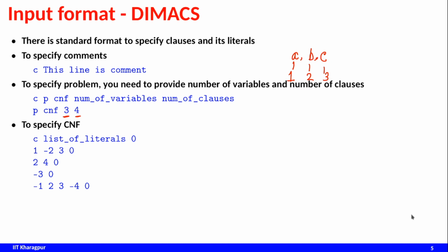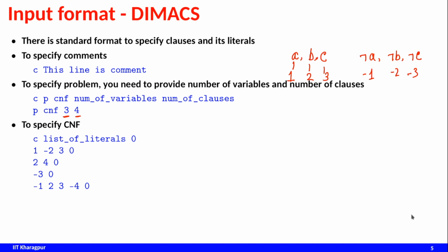Now I have to represent not A, not B, not C as well. If I need to represent the negation of A, I simply specify -1 here. Similarly for B it will be -2, and for C, the negation of C, it will be -3.